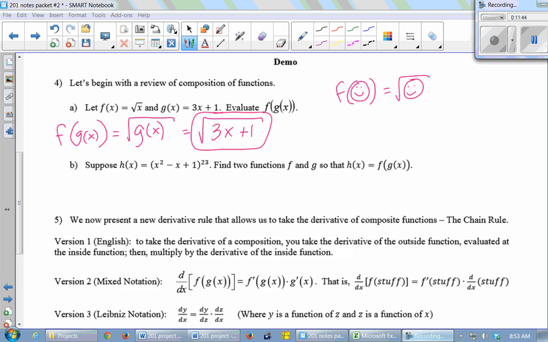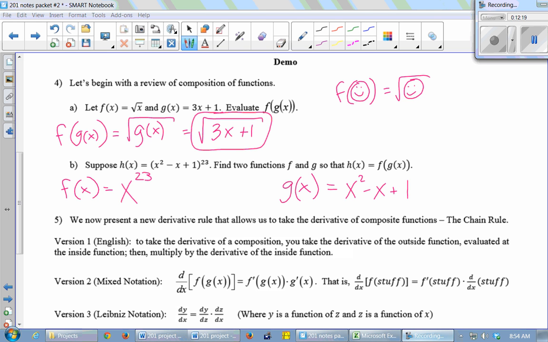Okay, so now I have h of x is the quantity x squared minus x plus 1, all raised to the 23rd power. Let's find two functions f and g so that when you compose them, when you plug g into f, you get this result h. Sure, f of x could be x to the 23rd, and g of x would be the inner function, x squared minus x plus 1.